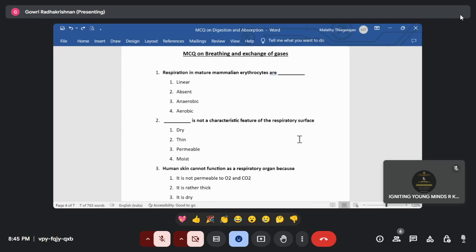How different is it from other cells? What is different in those cells? Any idea? What does it not have?